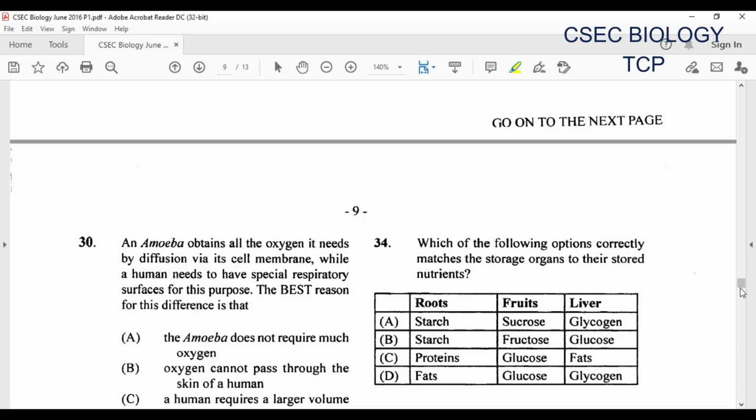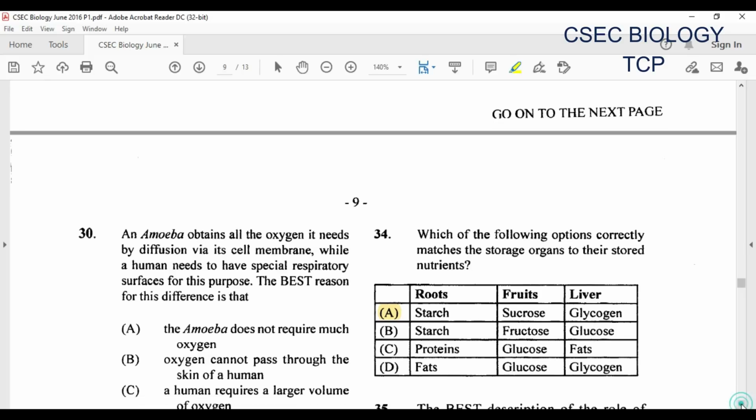Now, by matter of elimination, we could eliminate B and C, and we could look at A and D, as glycogen is a giveaway for the liver. We could also look at the fruit, and looking at the fruit there, we're seeing glucose and sucrose. Glucose is going to be out, fats is going to be out, so it leaves us with A as our answer for this particular question.